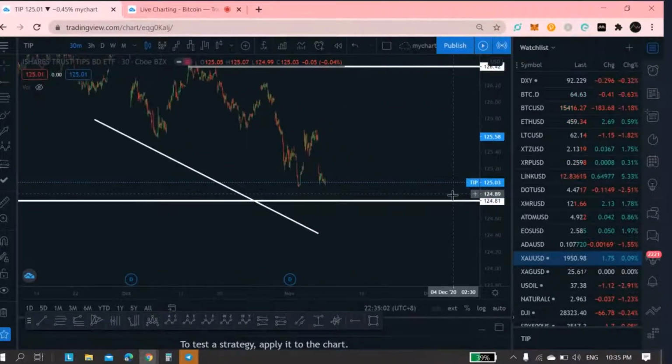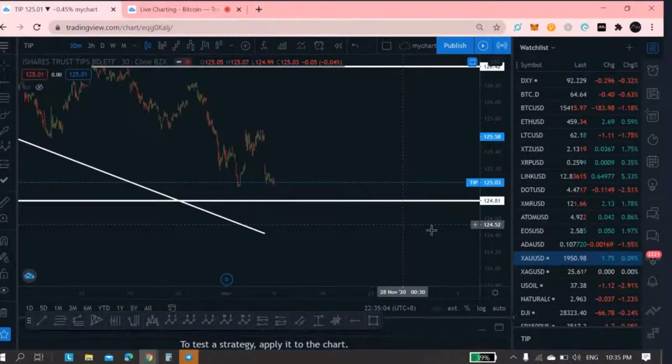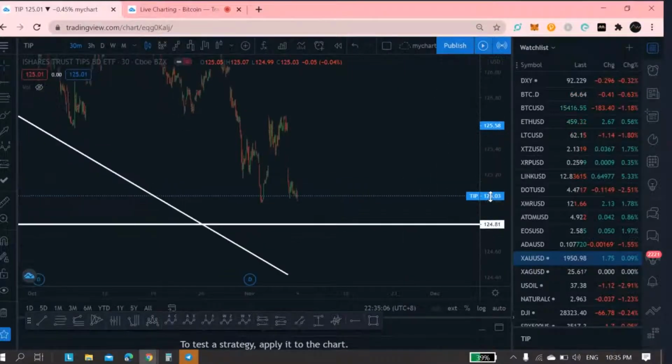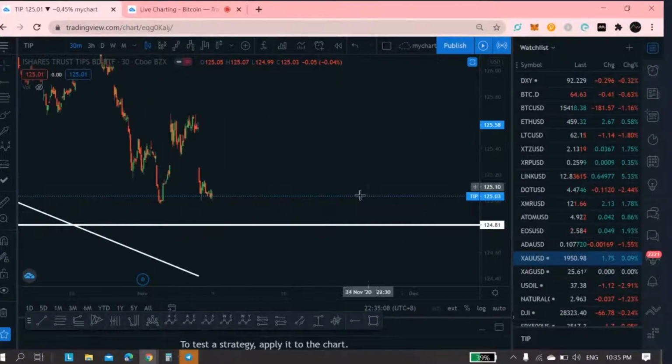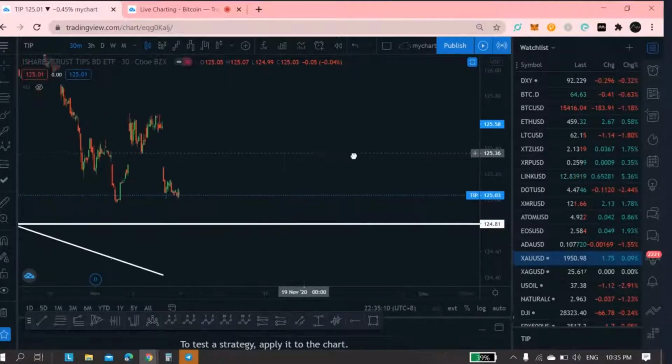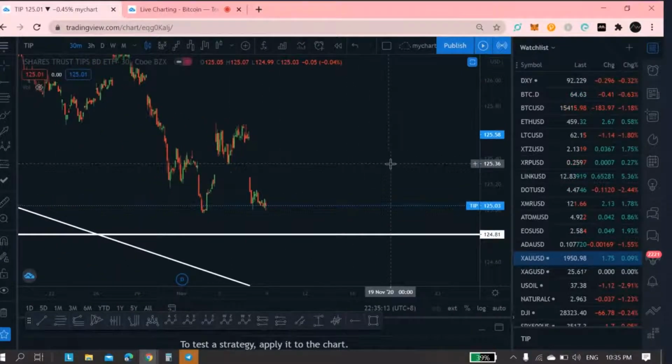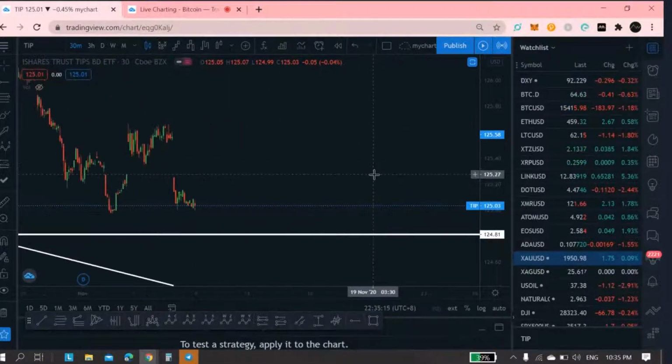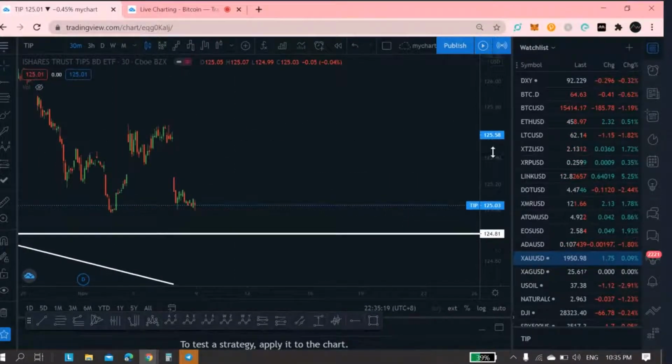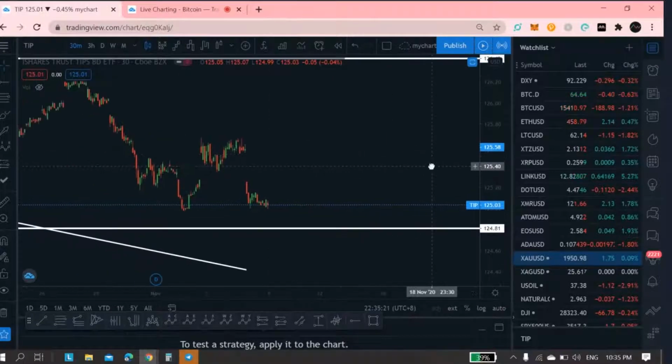At this area, it's actually forming a support area at this 124 area.